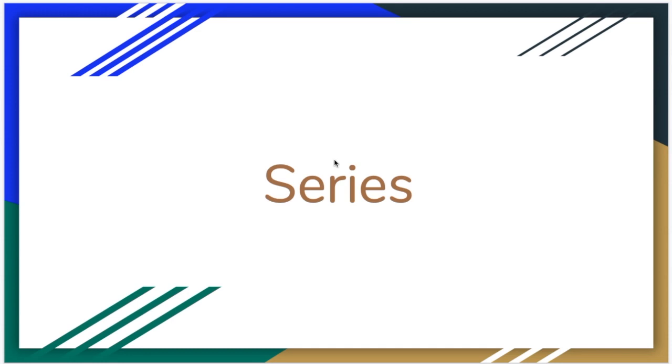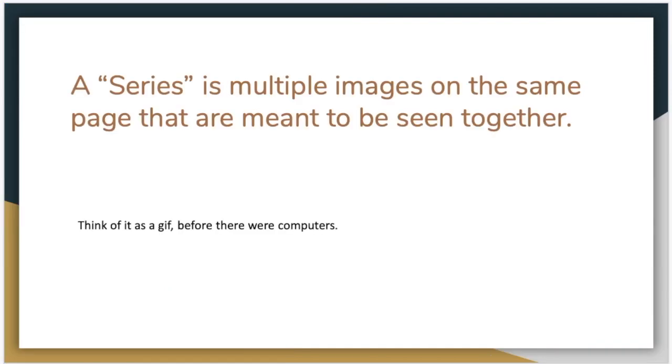This is going to be our next photo project. It is the series project. Now, a series is multiple images that are meant to be seen together. In an ideal environment, you would be turning these in all on the same page.